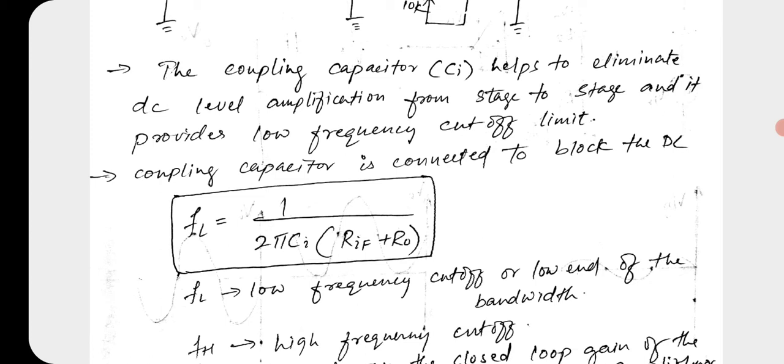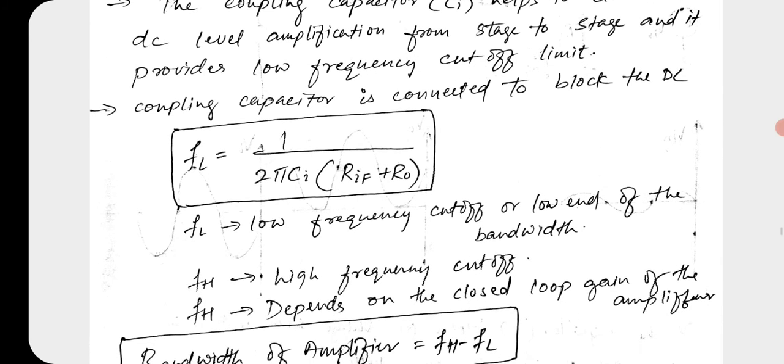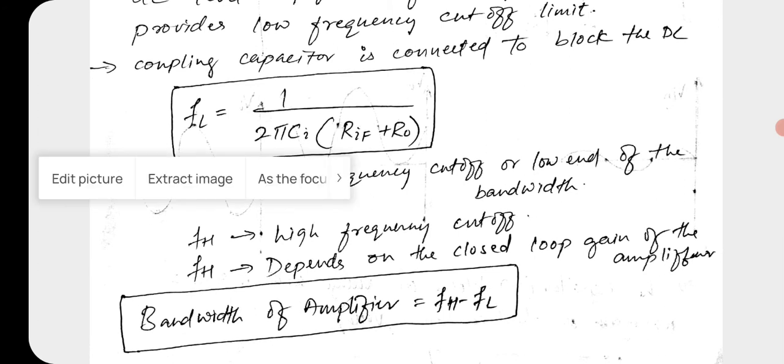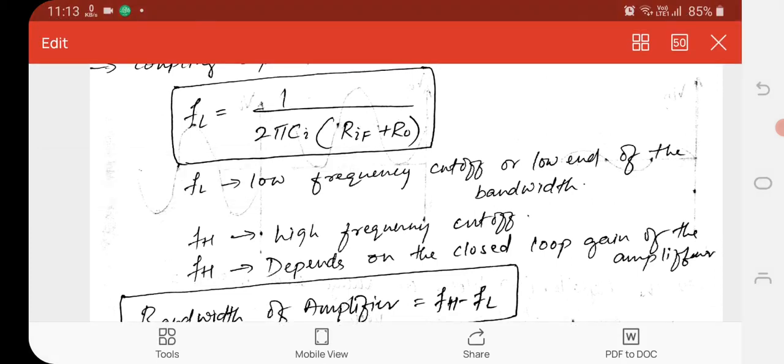So don't worry. This is a formula which will give you the cutoff frequency, meaning where the gain of your amplifier will cut, like the boundary. Here FL is the low cutoff frequency and FH the high cutoff frequency, right? FH depends on the closed loop gain of the amplifier.